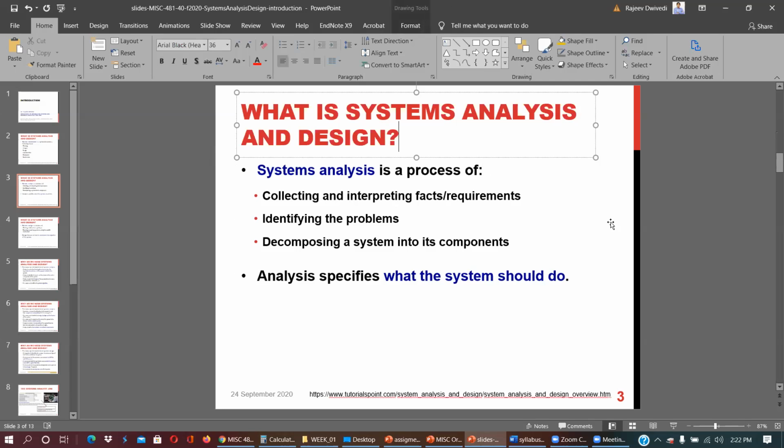So basically system analysis is a process, it is not a product. It involves collecting and interpreting facts and requirements, identifying the problems, and decomposing a system into components.